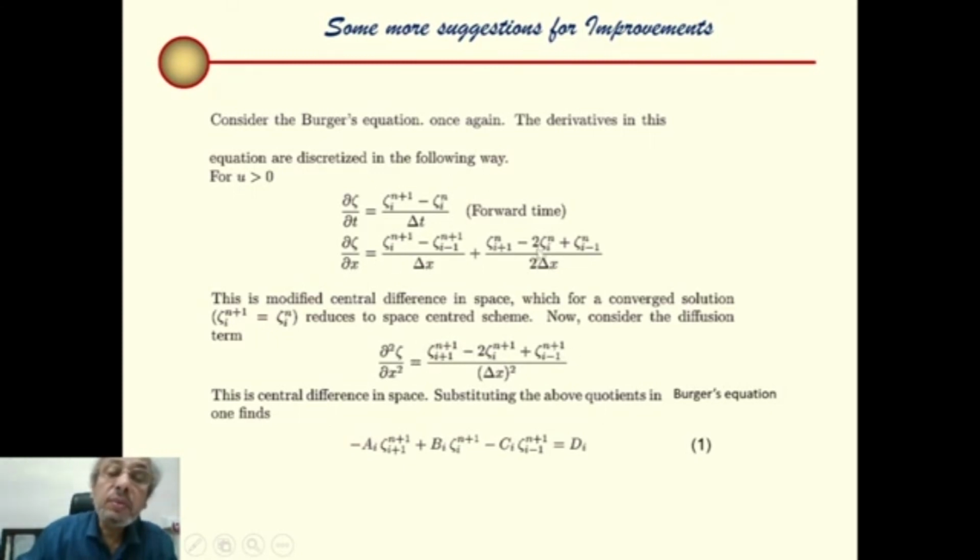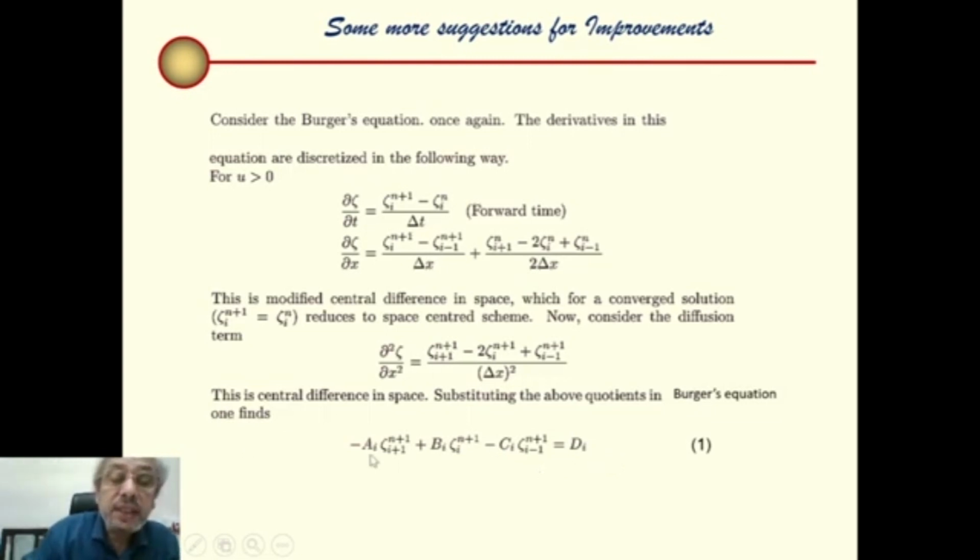So you can see the formulation has very strong implicit character. And then, because i is the point of interest, we are involving the i plus 1 point and i minus 1 point at n plus 1th level, and the values which are all known values at nth level are transferred to the right hand side.